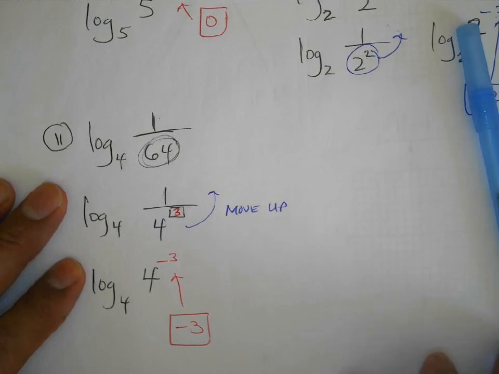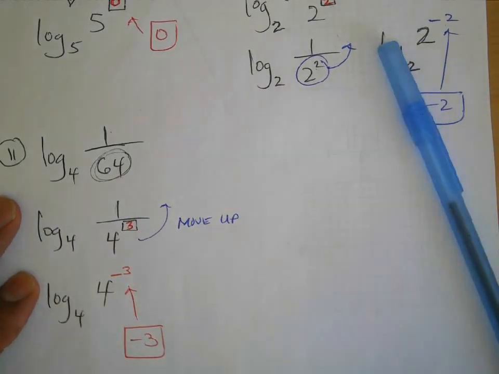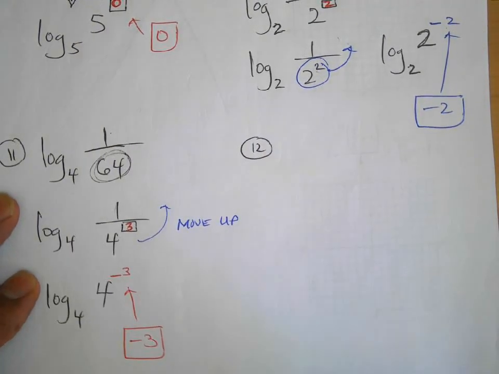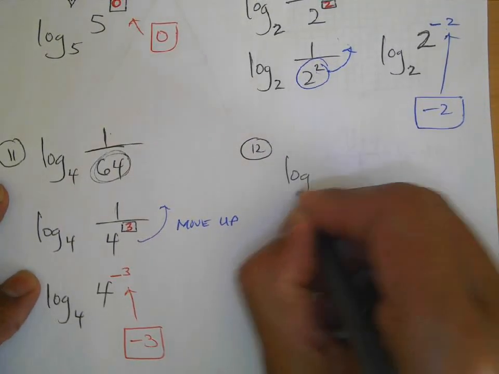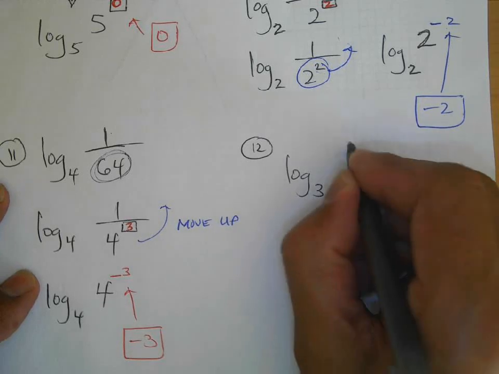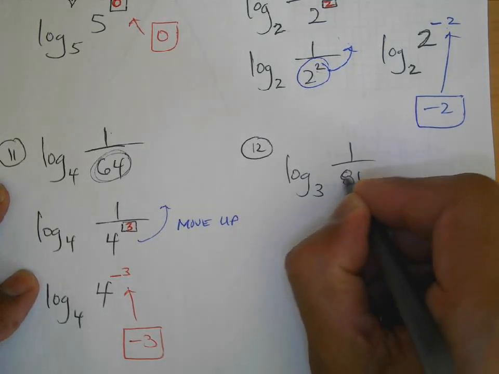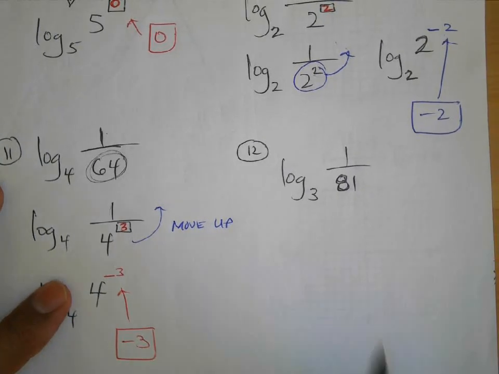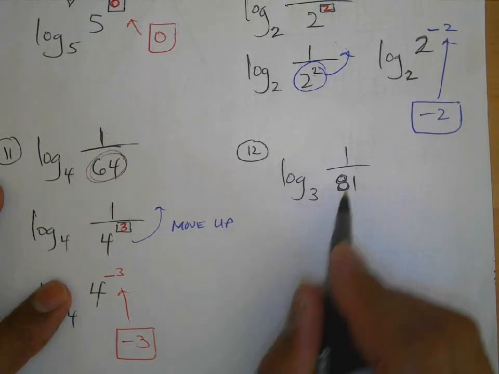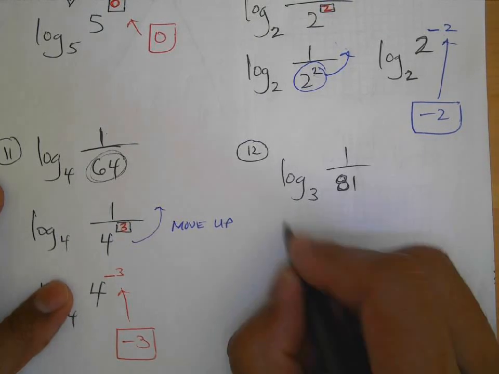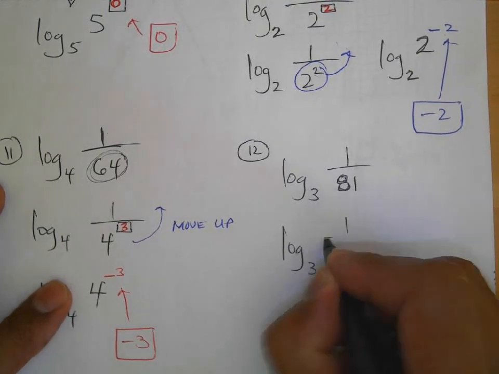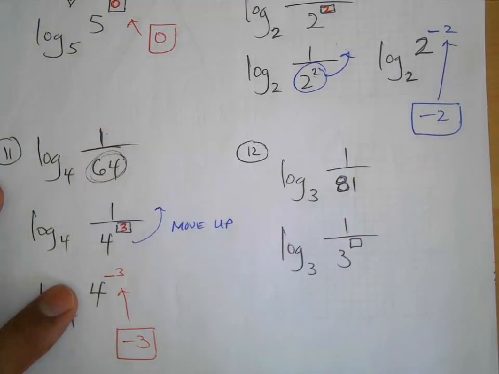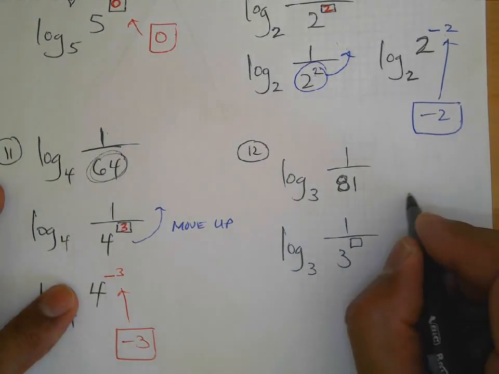Okay, last one, number 12. All right, I'm giving you enough examples, hoping it makes sense, okay? Log base 3 of 1 over 81. So I want to get this 81 with a base of 3. 3 to what power? 3 to what power gives you 81?